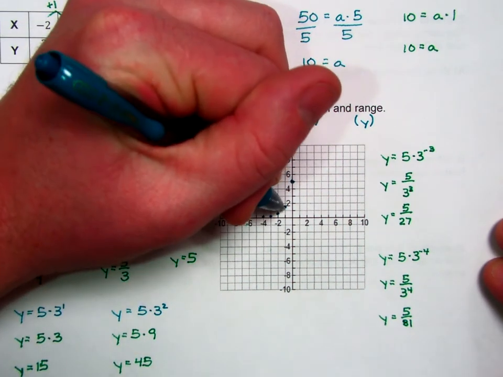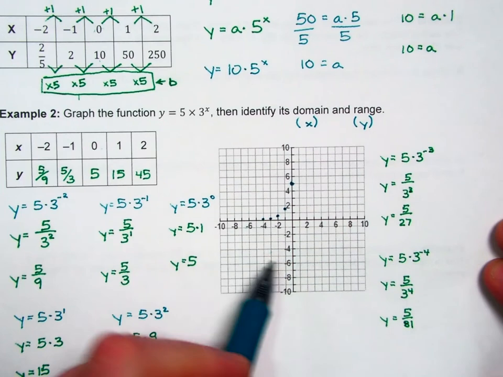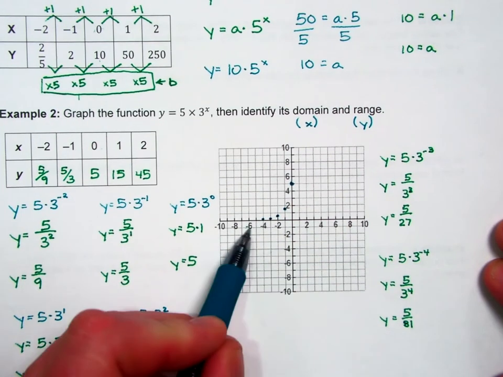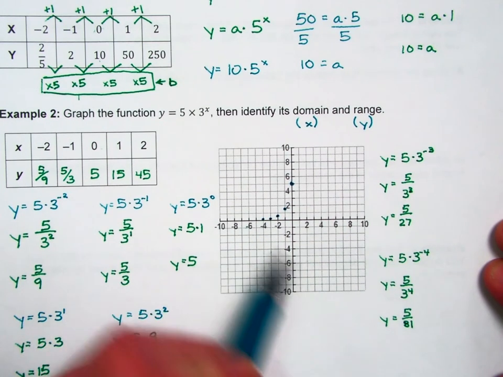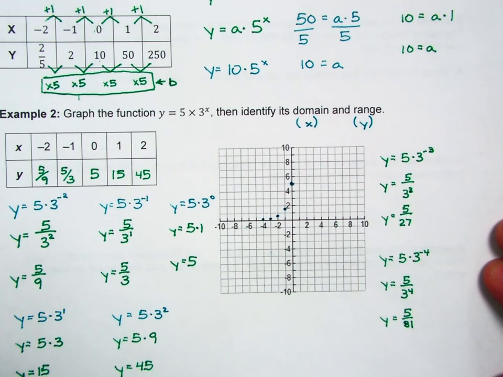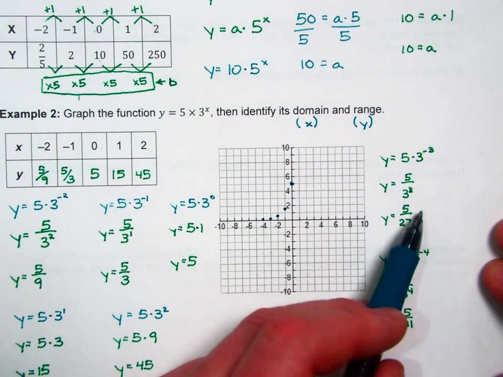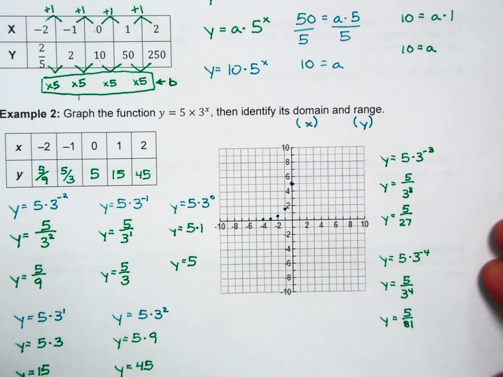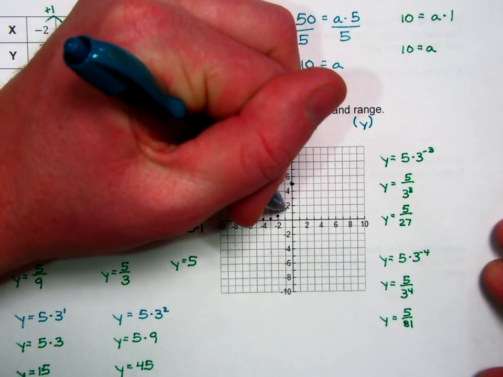So as I go to create my curve here, I don't ever want to cross this x-axis here, because crossing the x-axis is going to show that my y values are actually getting to be negative, and they're not going to be negative. Even with negative exponents, those are not going to be negative. So, this is how we're going to create our graph.